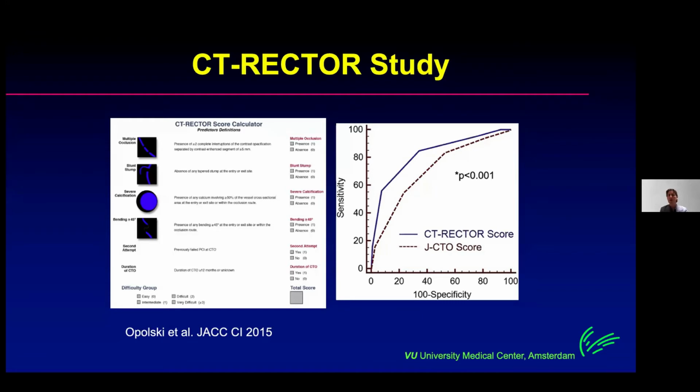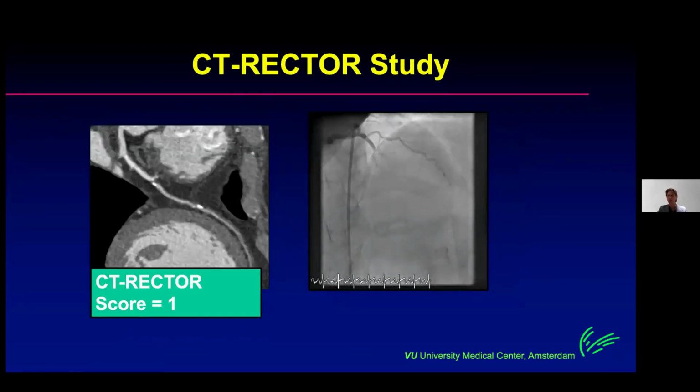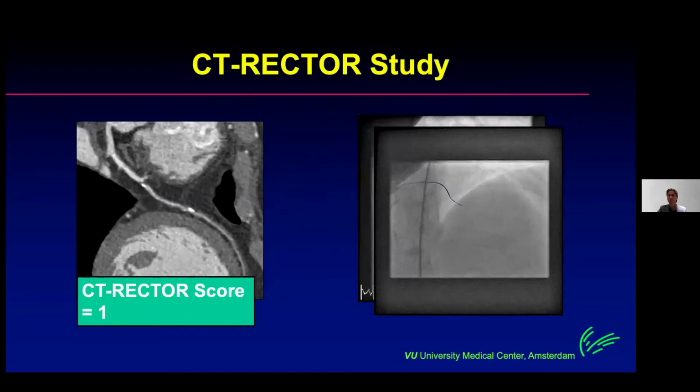So this is not by say a need to know, but we know in Japan and the rest of the Asian world that basically everybody with a CTO procedure will now get one of these. This is an example. This is a CT-RECTOR score of 1. Maybe difficult to open, but very easy because the CT-RECTOR score is so low.